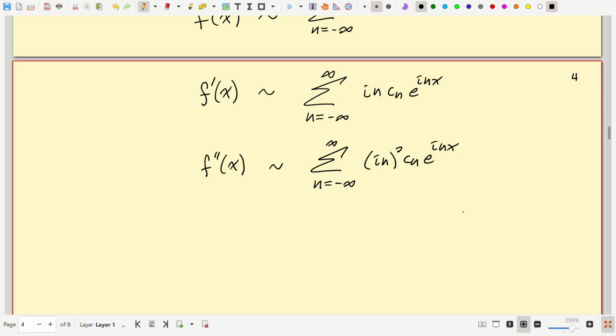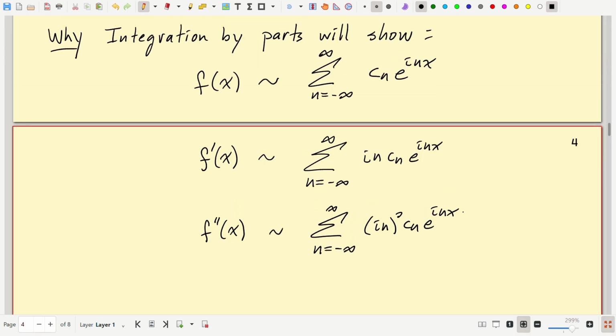Bessel's inequality implies the Cn's go to 0 if the function is C2 smooth.